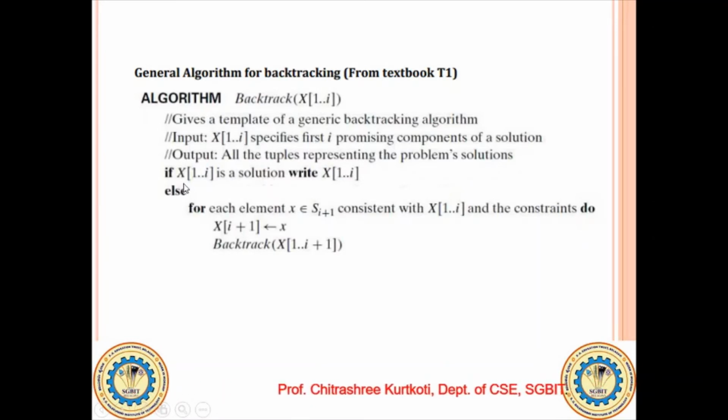We give the array of components to this algorithm, where the feasibility of each component is checked. If the particular component is feasible, then we take it as part of the solution and add that component to the feasible solution sequence.